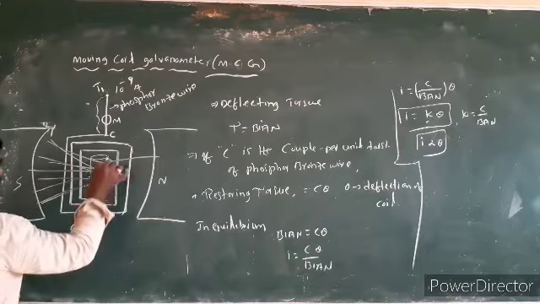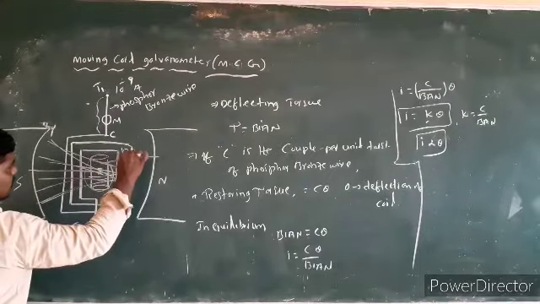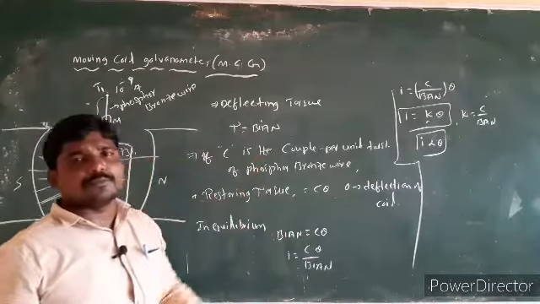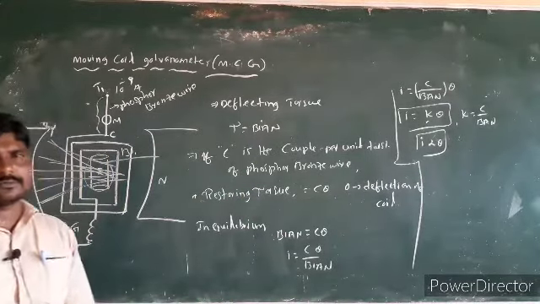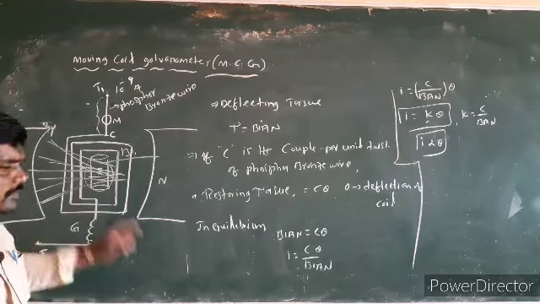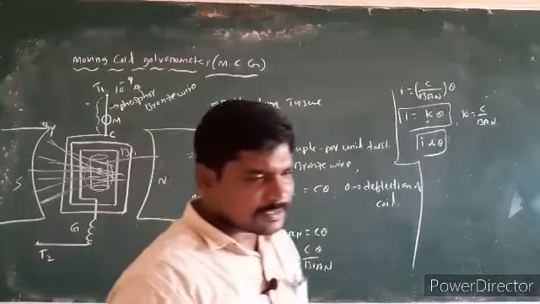That means at the center of the coil, the strength of the magnetic field increases. If the strength of the magnetic field increases, the deflecting torque is more, and the coil deflects more. This is the advantage of the iron cylinder placed at the center.